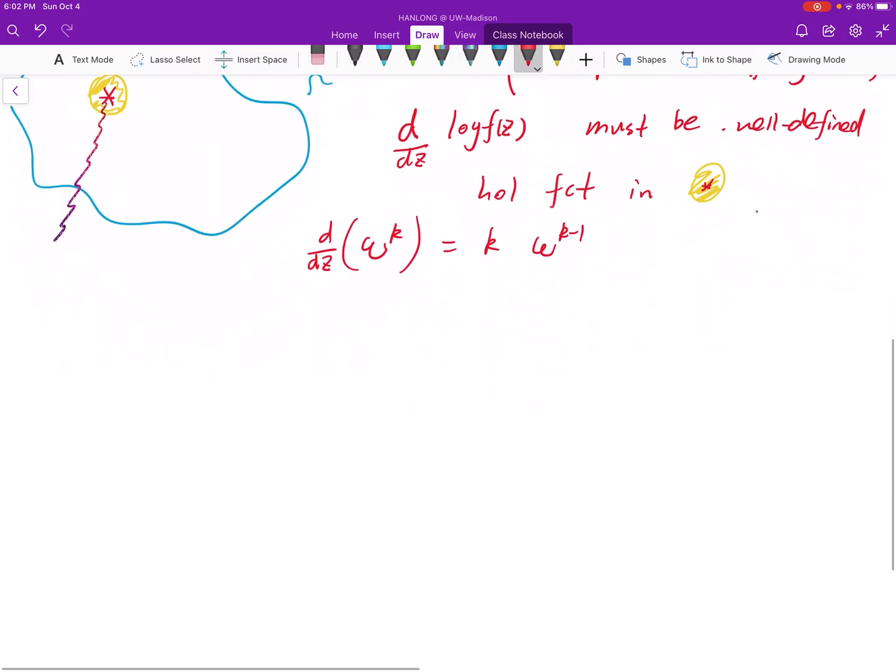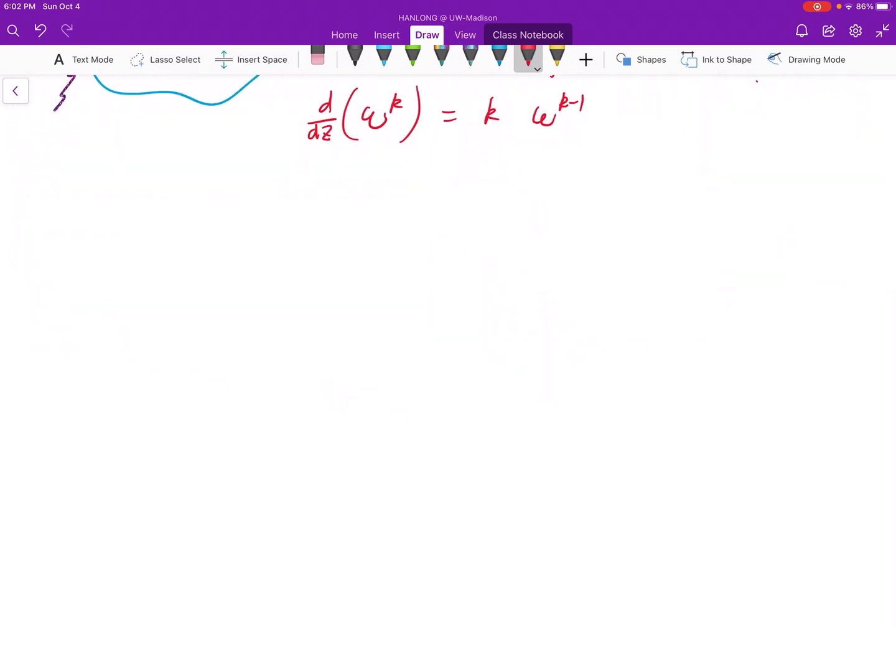Okay, now next, to get the precise principal part we just need to calculate. A better way of avoiding defining log f(z) is to view the logarithmic derivative as f prime divided by f, and plug in the formula.